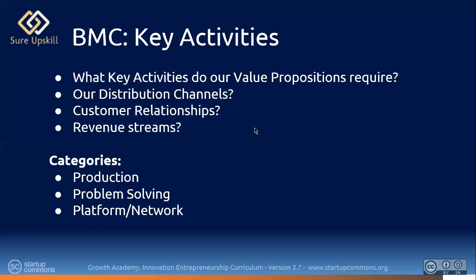And these are also divided into various categories like production, problem solving, then platform networks. As I said, the most important area and something which will really separate you from the crowd is working on total platforms and networks.